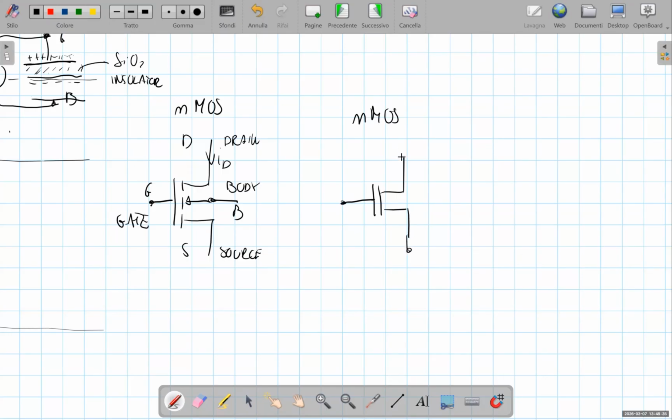In the symbol, we have just the gate, the source, and the drain. And the quantity that basically controls the conduction state of the device is the voltage between the gate and the source. Okay? This is the symbol used in digital electronics.